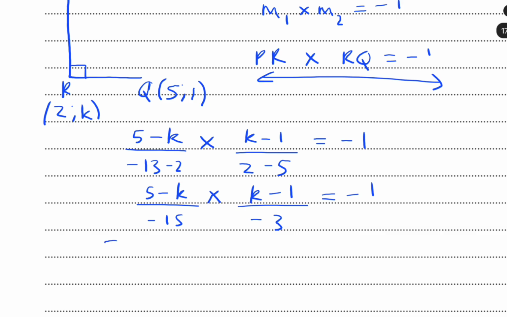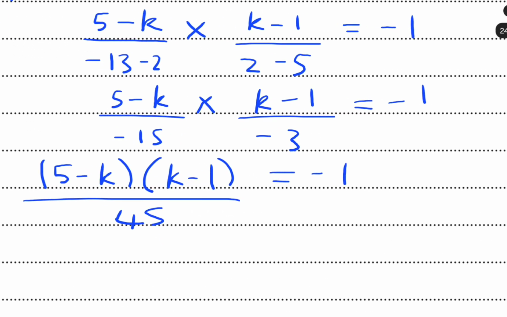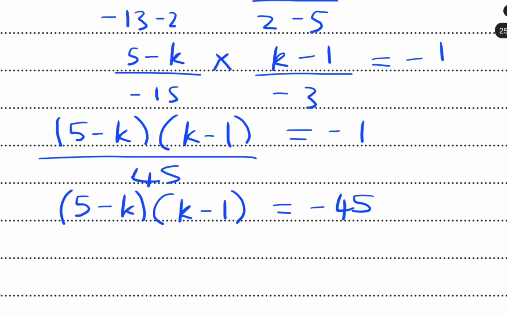This will be (5 minus K) multiplied by (K minus 1) over 45, giving us minus 1. And this comes down to (5 minus K)(K minus 1) equals minus 45.